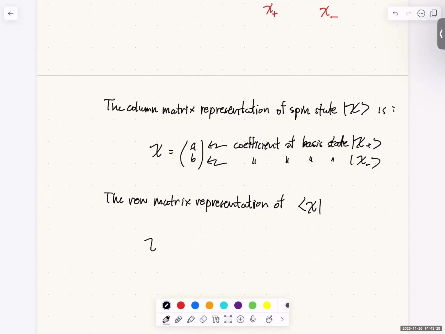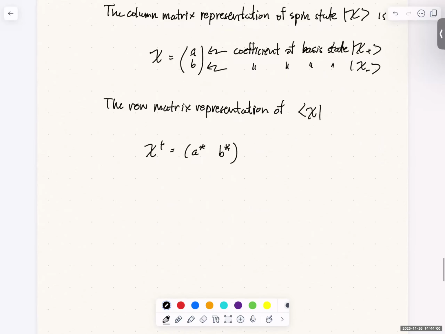And so that is just the adjoint, which is going to be a row vector, and the elements are going to be the complex conjugate of a and the complex conjugate of b. So you could see, probably without actually writing it down, if I was to take chi adjoint multiplied by chi, I'm going to get |a| squared plus |b| squared. That has to be 1. That's the normalization requirement. Okay, good.